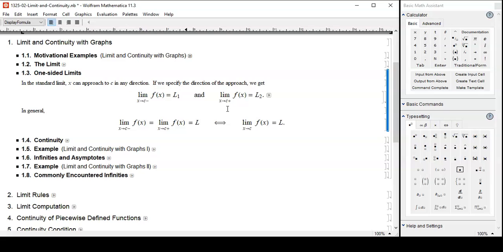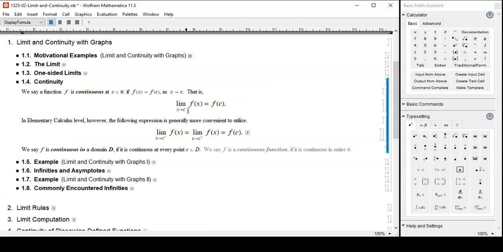Remember, in number line, minus is the left direction, and plus is right direction. If left-hand side and right-hand side are the same, then the limit exists, and that common value is L. If these two are different, then there's no way we're going to get this limit. So undefined. And moreover, not just these two, but if the function value is also the same, then we say the function is continuous there.